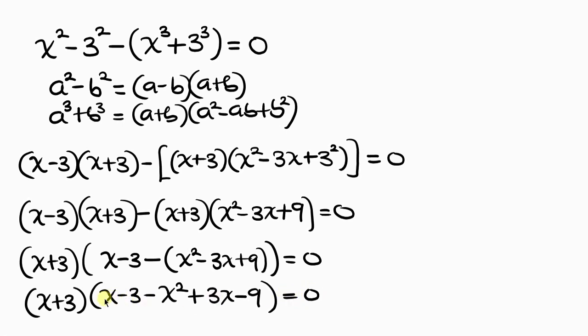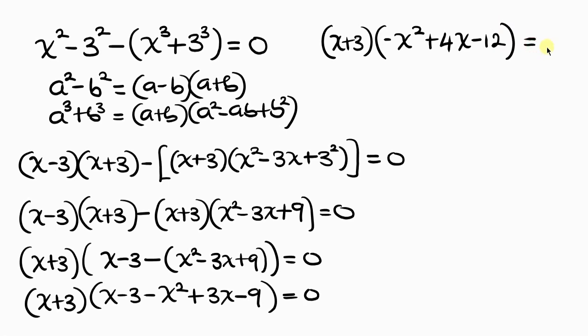And then simplifying further, we have x plus 3 times negative x squared, and x plus 3x gives plus 4x. Very good. And this is negative 3, negative 9, which gives negative 12. And this is equal to 0.